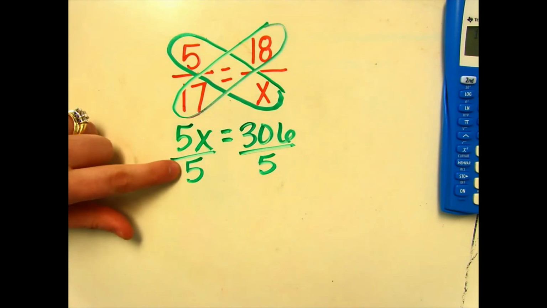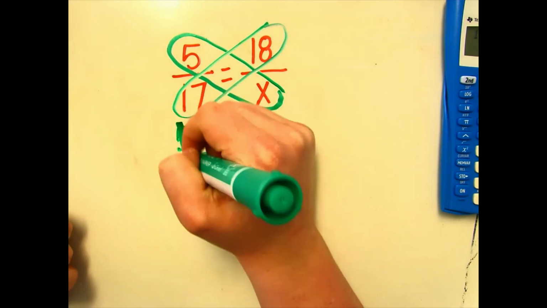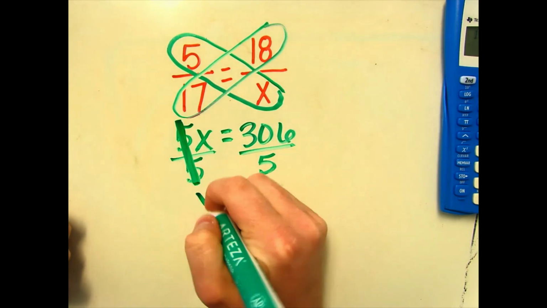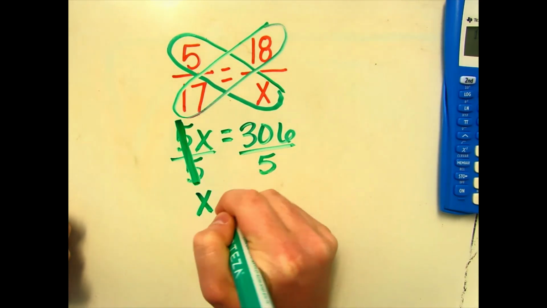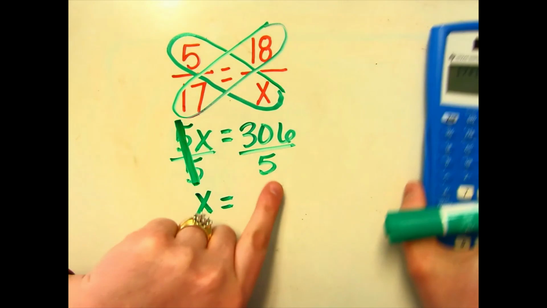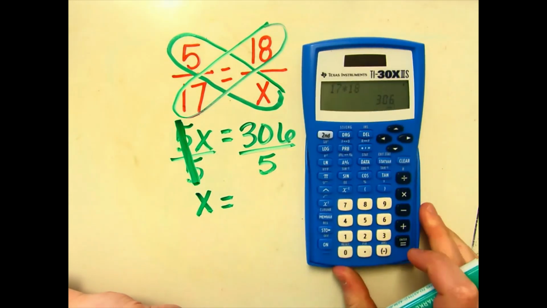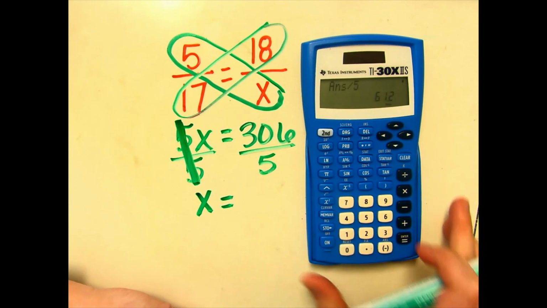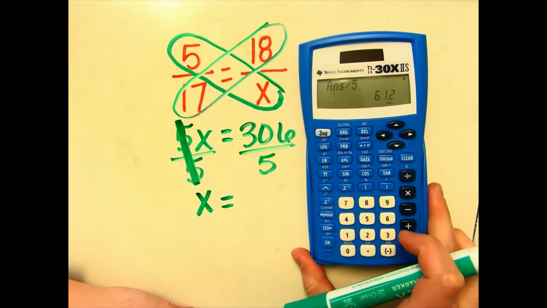So 5 divided by 5 is just 1. So over here, I'm left with 1x, or just x. Then over here, I would go ahead and divide this. So 306 divided by 5 gives me 61.2.